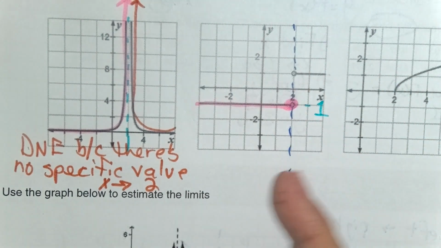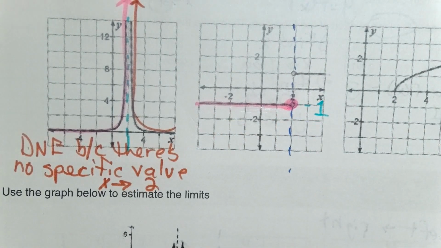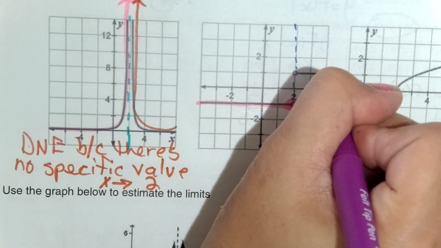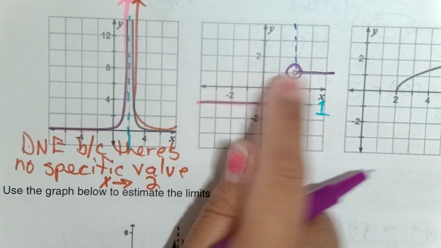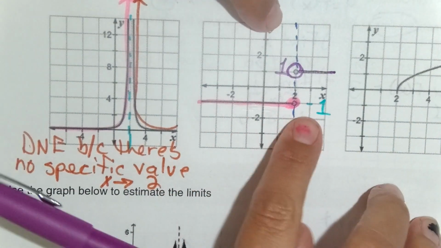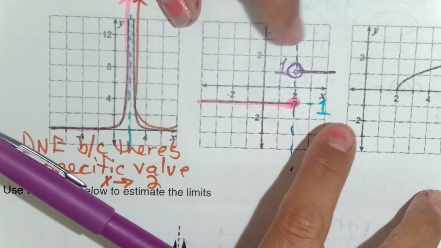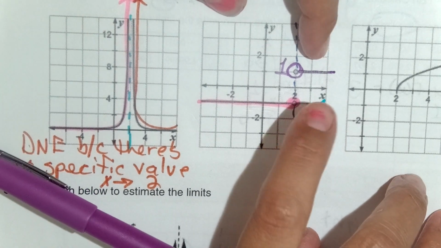This is the x value, remember? And this is the y value, okay? All right, so that's the left side. Now let's look at the right side. If I go from the right side and stop at 2, what is this value? 1. Are these numbers the same? No. Do they touch at the same point? No. So you see it jumps, right?